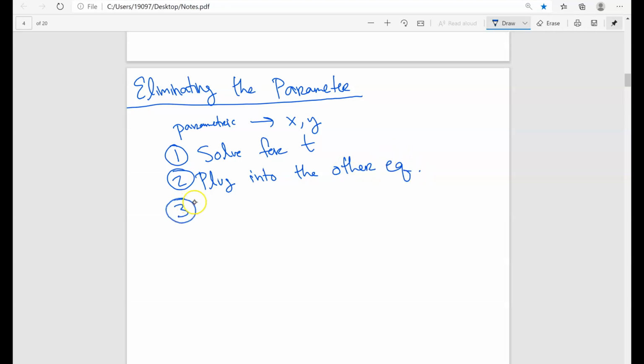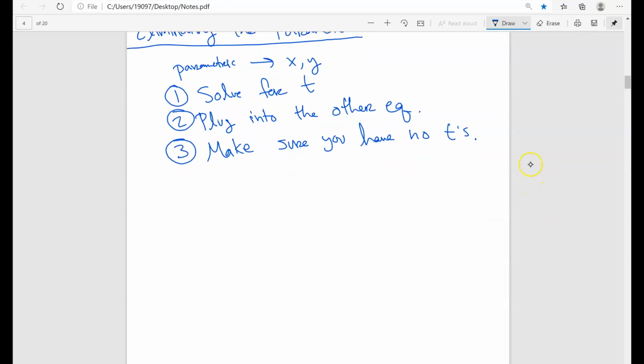And then one of the things that you have to make sure is that you have no t's. So make sure you have no t's. Okay, so basically what you want to be able to do is do these steps, and then you'll be able to figure out the x and y.